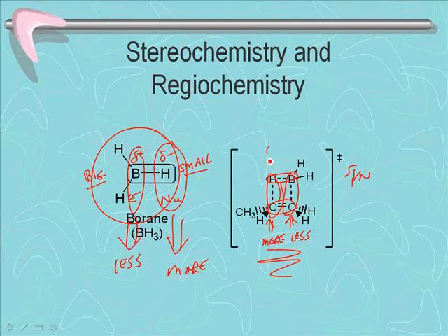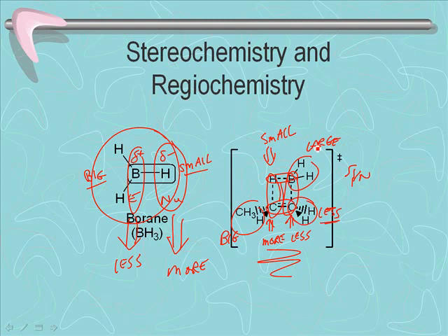The hydrogen, being small, will have less steric strain with the big end of the alkene than will the BH2 group, which is large. So as a result, we match up the small end of the alkene, the CH2 end, the less substituted end, with the bulkier BH2 group.